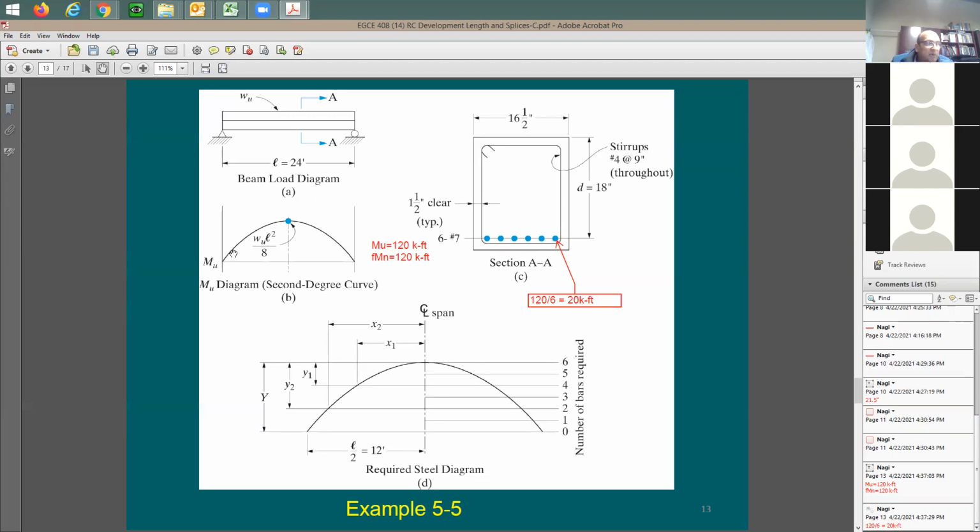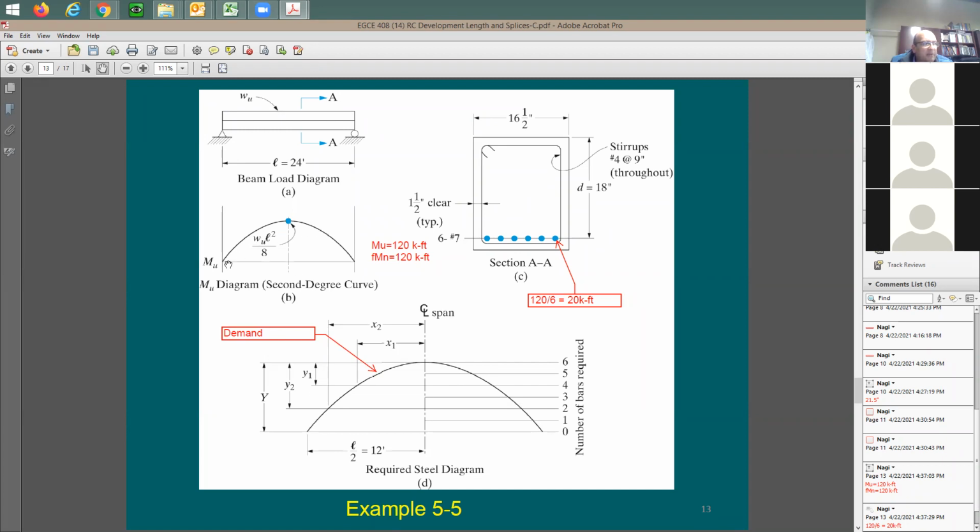Now let's draw the moment diagram. What is that curve? Is this the demand or the capacity? Demand, thank you, Venus. So this is the demand, because it is different from point to point.